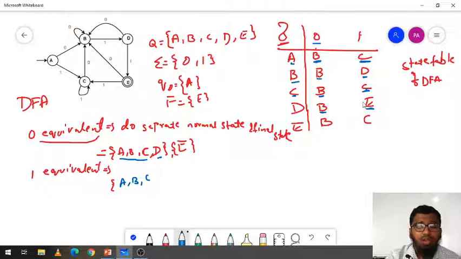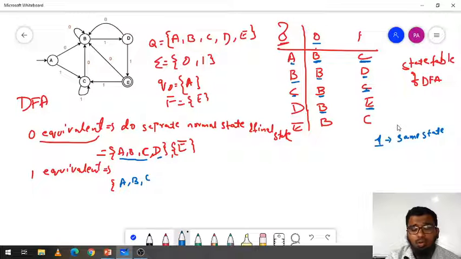Now what we need to check? First we need to check, both states should go to the same state.